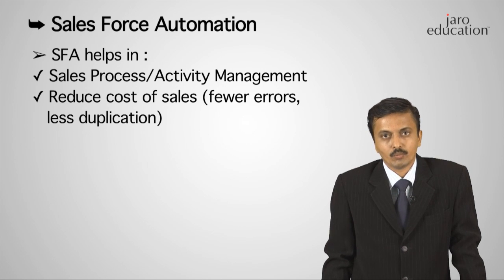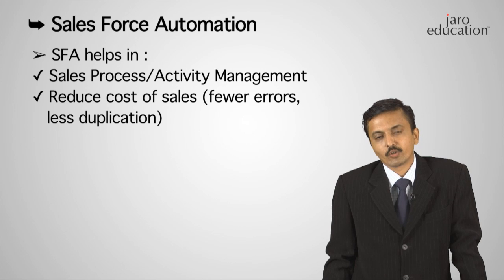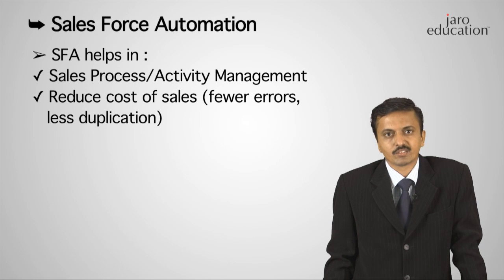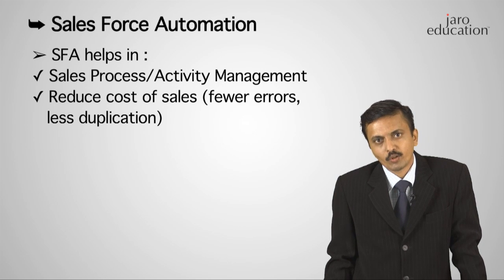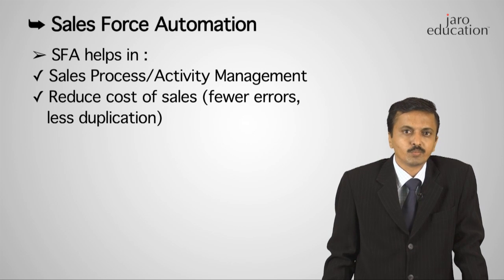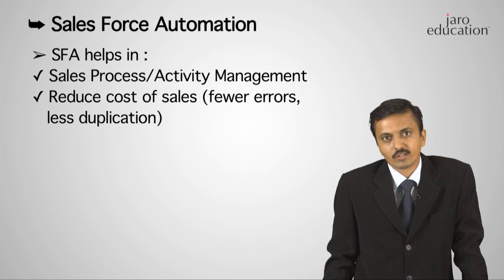But how? Whenever we do activities manually versus in a technological version, there will be fewer errors and less duplication, which is possible in the technological version but to a great extent not possible in a manual version of doing the same sales activity.